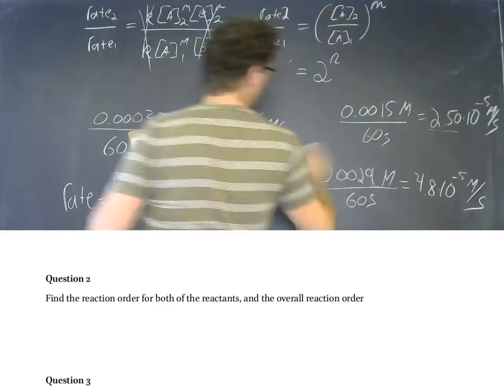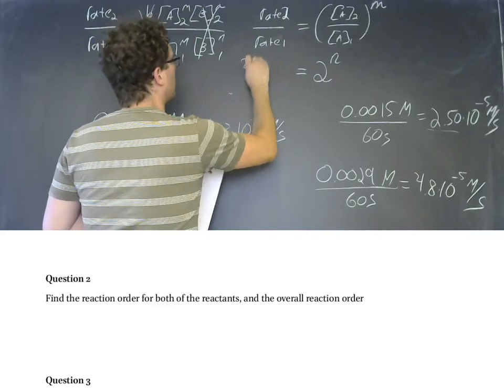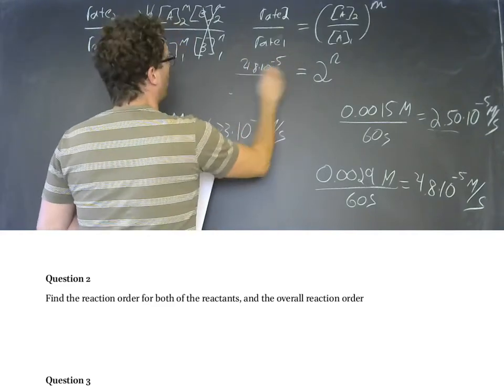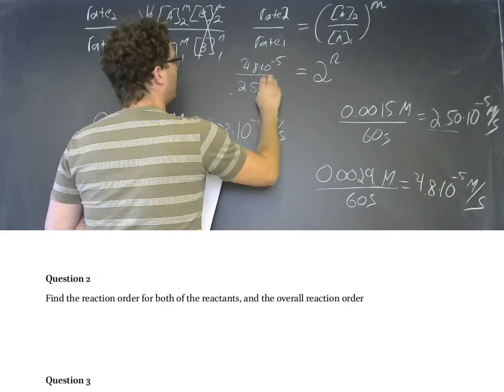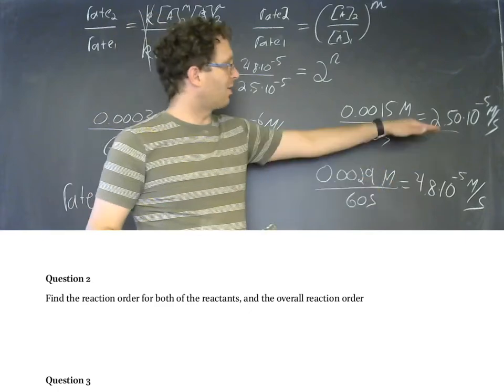And that's going to be our rate 4.8 times 10 to the negative fifth over 2.5 times 10 to the negative fifth, comparing rate 3 to rate 2.